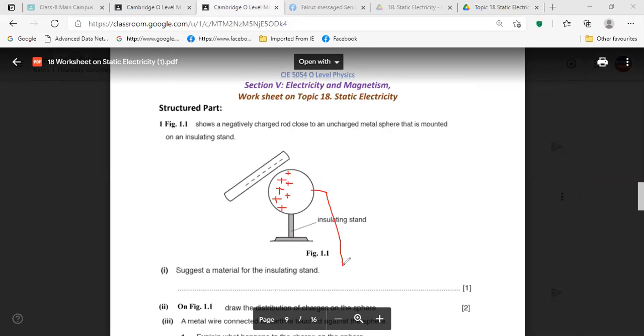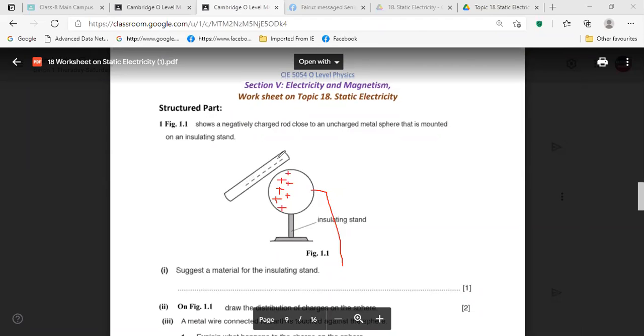Okay. Now the earth is still here, right? But the rod is removed, isn't it? Yes, sir. So if the rod is removed from here, these charges are not at this corner. They will be uniformly distributed here, and the electrons will return back from the ground to neutralize these positive charges.